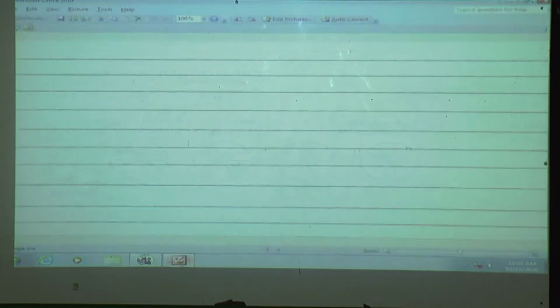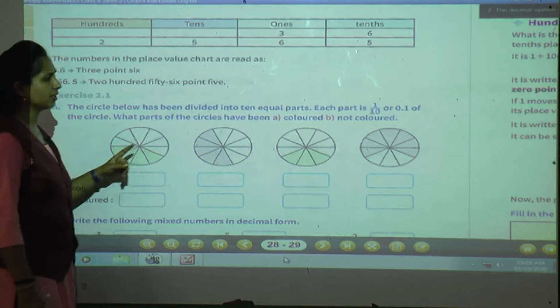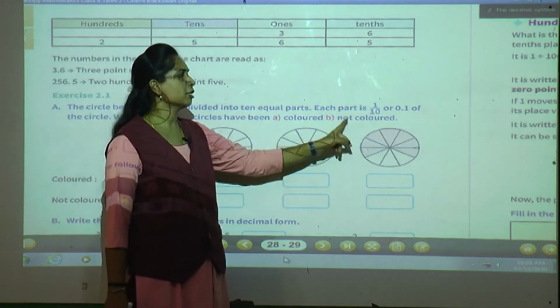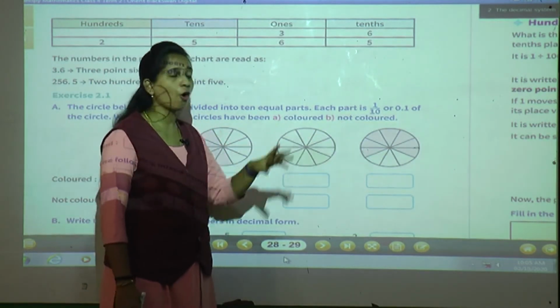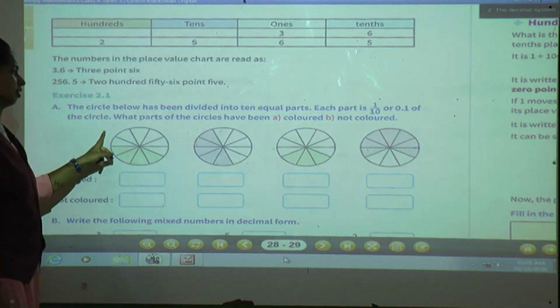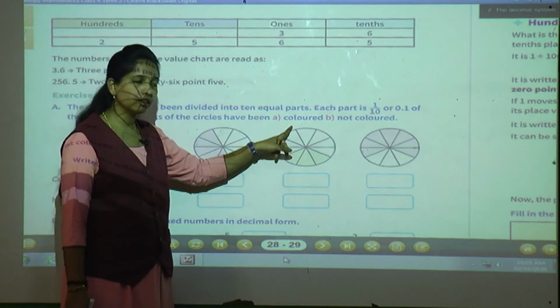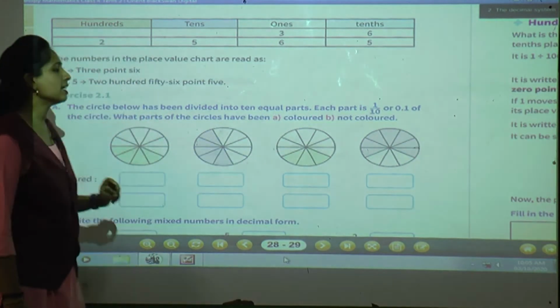Now exercise 2.1 we will solve. What is the A question? The circle below has been divided into 10 equal parts. Each part is 1 upon 10 or 0.1 of the circle. What parts of the circle have been colored, and B, what is not colored?